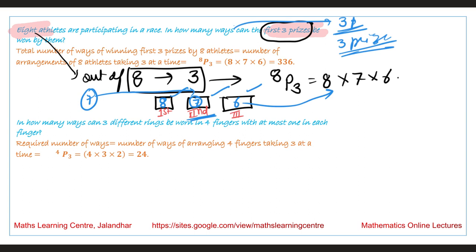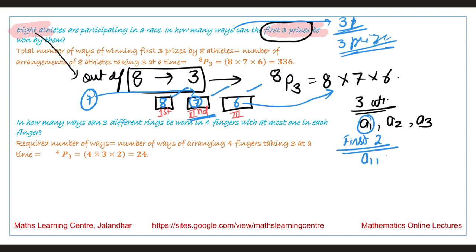To get a better insight, suppose in place of 8 athletes we have 3 athletes: A1, A2 and A3. We want to distribute the first 2 prizes. A1 can be first, A2 can be second.